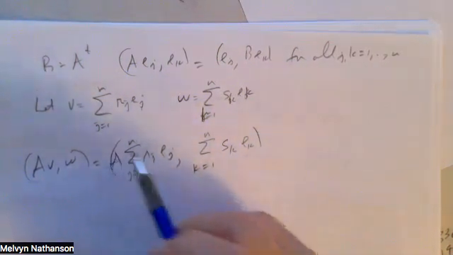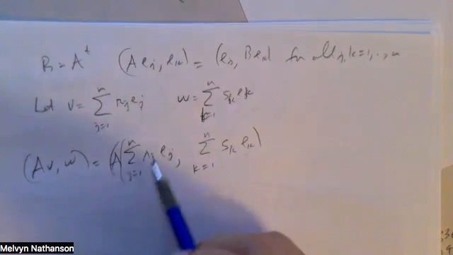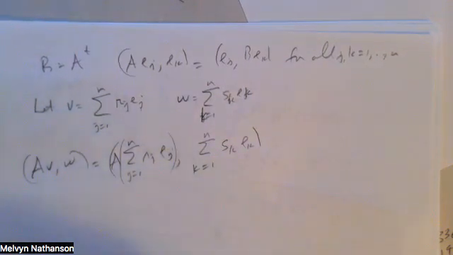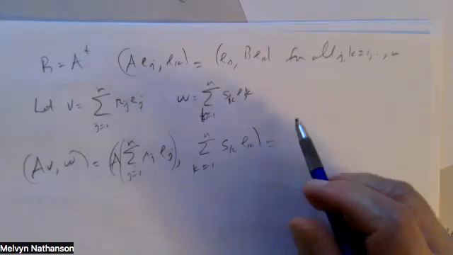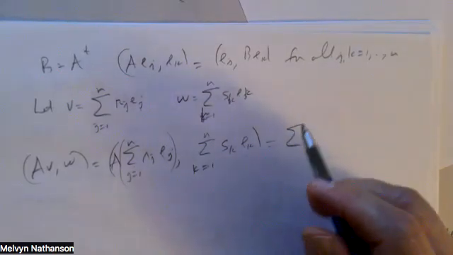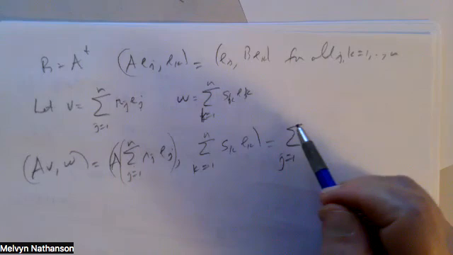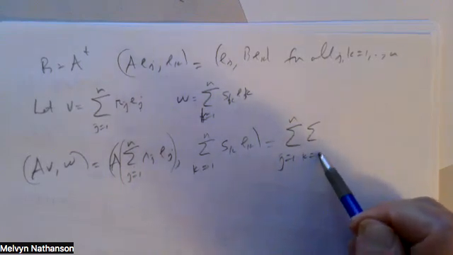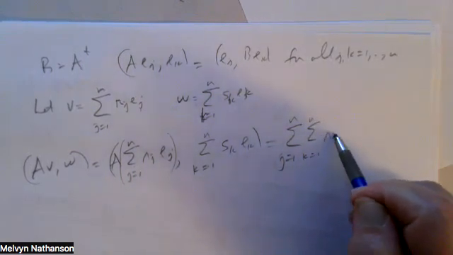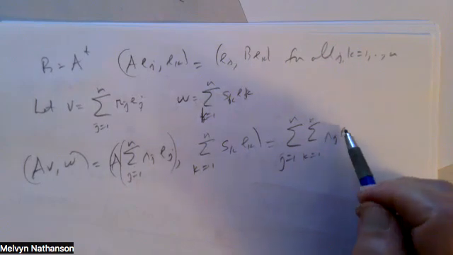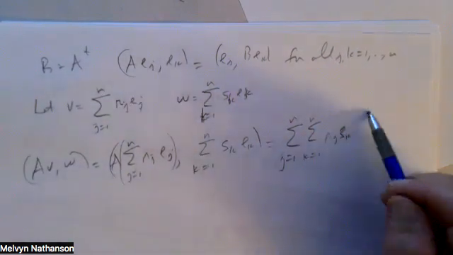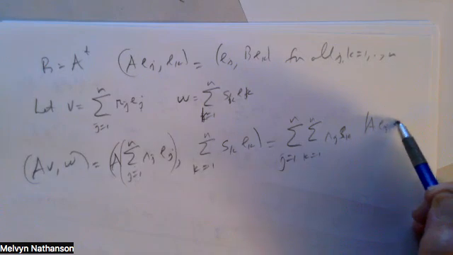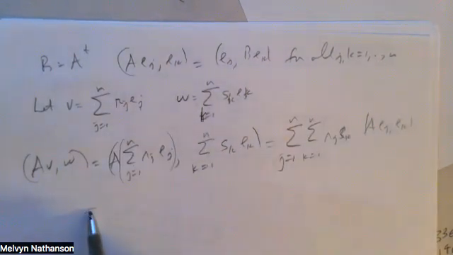Sorry, it's A of this, A of V inner product with W. So this is summation J goes from 1 up to N, summation K goes from 1 up to N, RJ SK times the inner product of AEJ with EK.